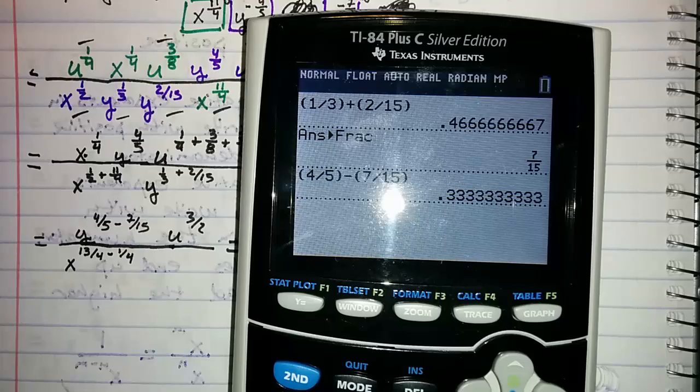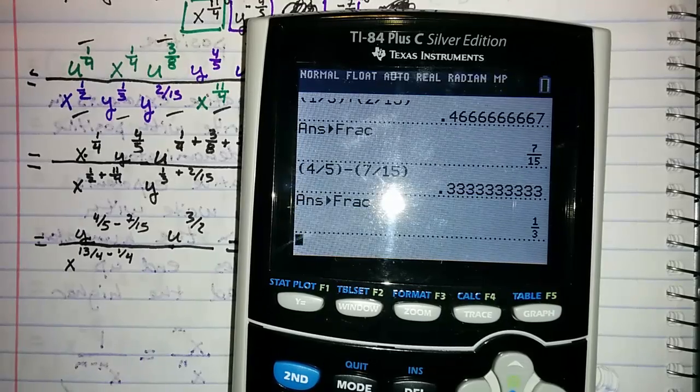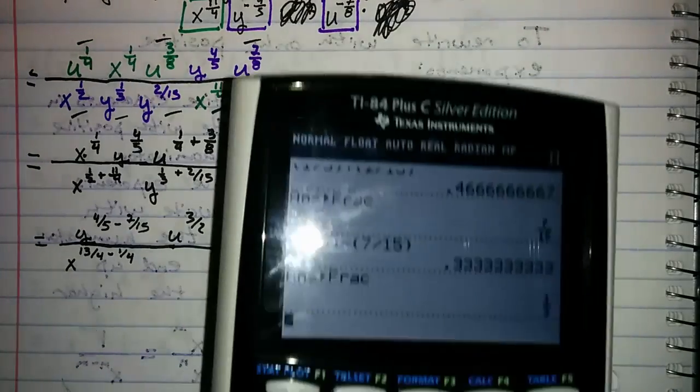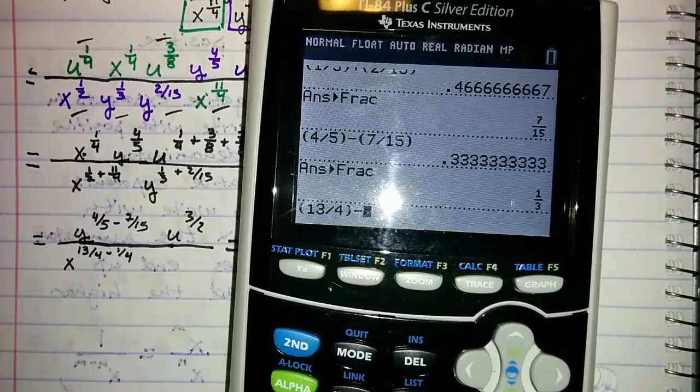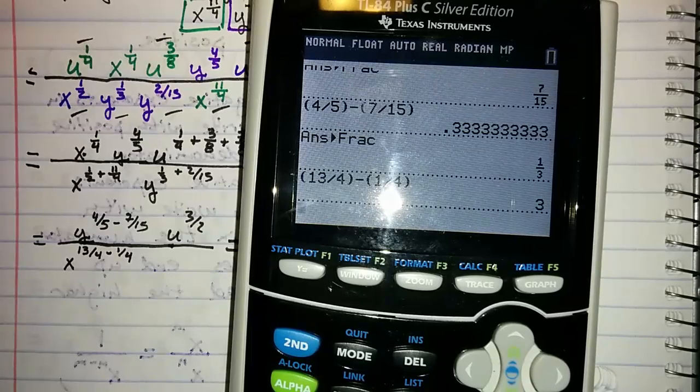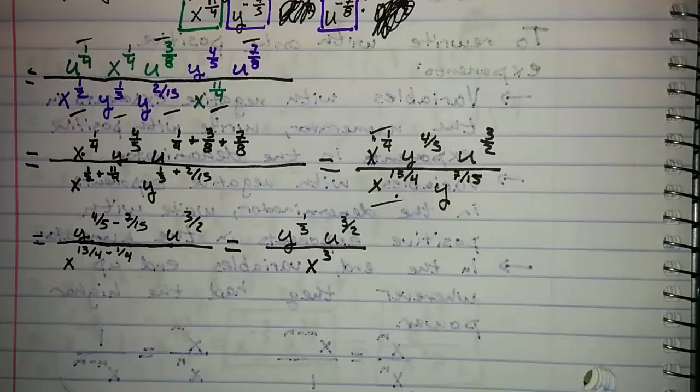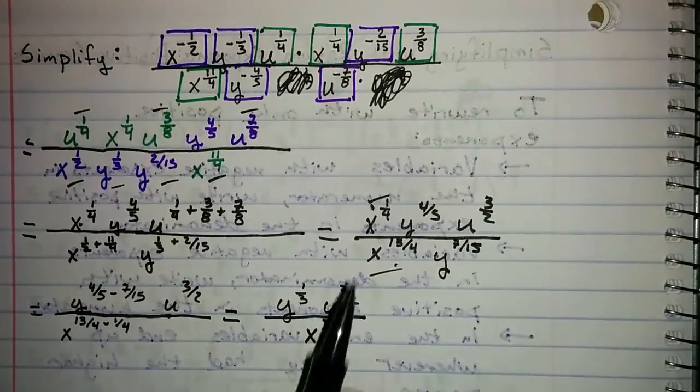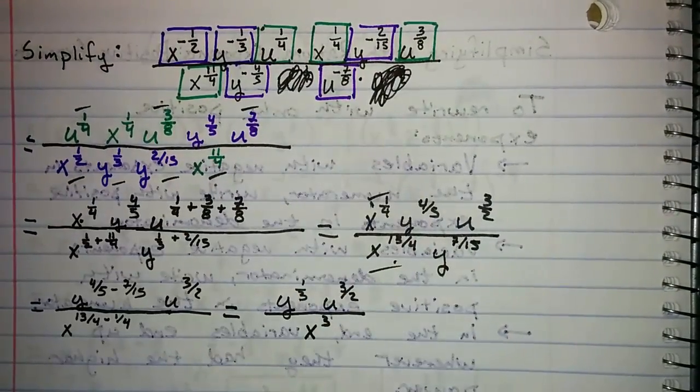That's positive, so I was right about which one's bigger. Oh, it's 1/3. And then 13/4 minus 1/4. Maybe we could do this one in our head. That's just 3. And that's what we get. This expression simplifies to this.